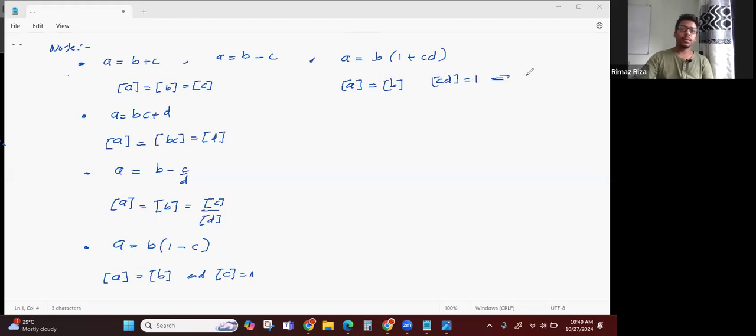That means the dimension of C should equal 1 over the dimension of D. In the next one, A equals B plus CD squared. Then here the dimension of A should equal the dimension of B, which should equal the dimension of CD squared.